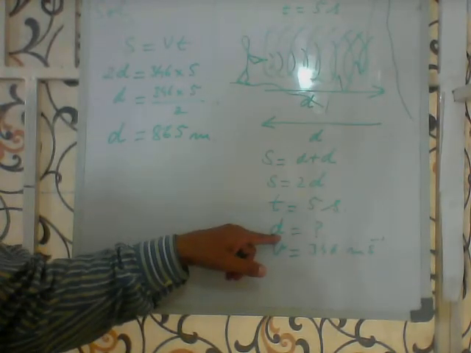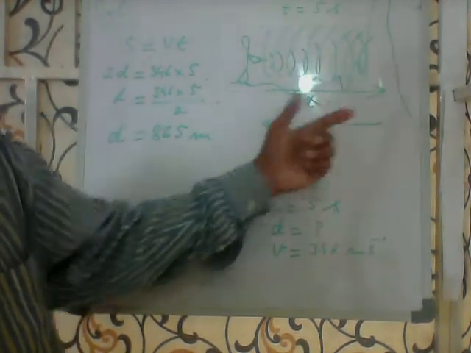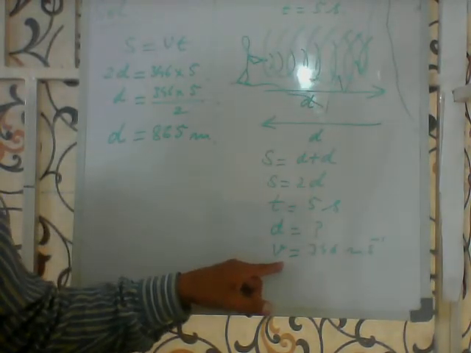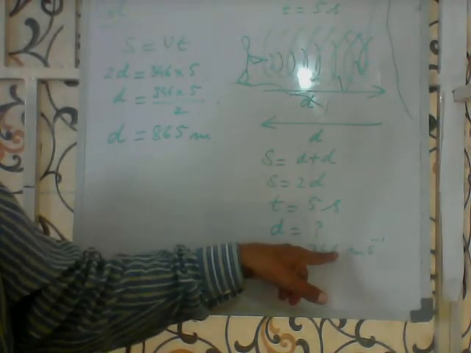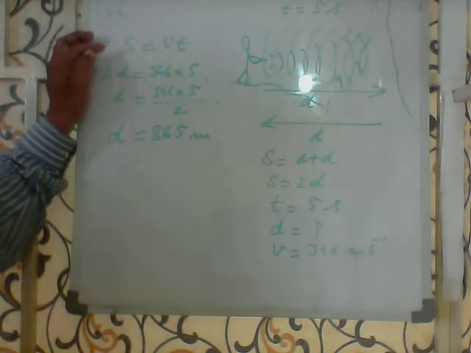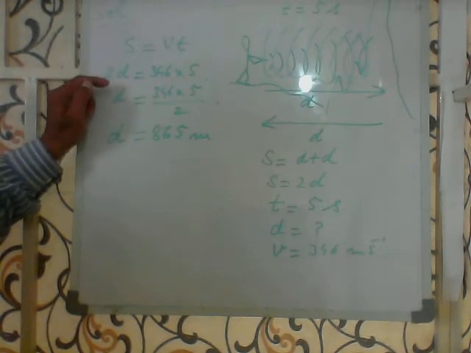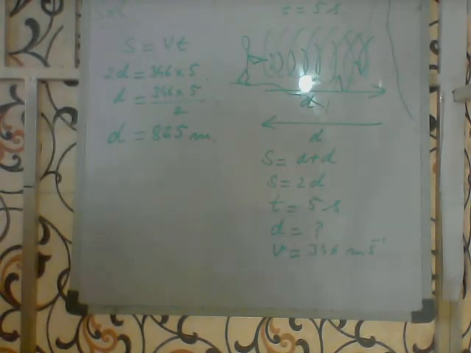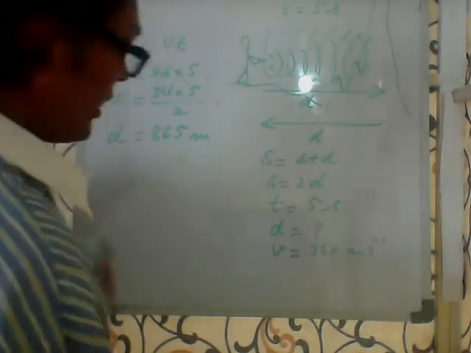So we have to calculate the distance of this cliff, that is 1D. So D is to be calculated and velocity is given, 346 meter per second. Using the formula S is equal to VT, put the values and we got D is equal to 865 meter.